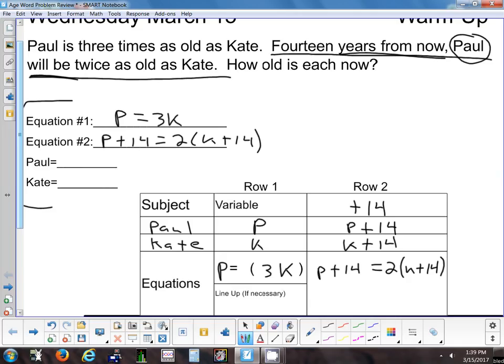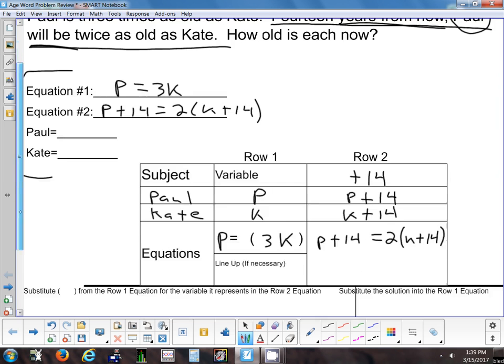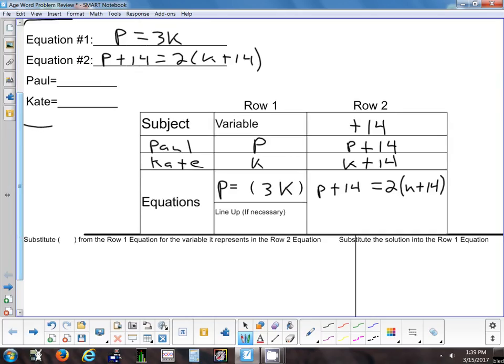All right, what's the next thing we do? This is the big thing that we learned last week. One word, begins with an S. Substitute. So now we're going to substitute. What equation are we going to change? Are we going to change equation 1 or equation 2? We're going to change equation 2. What letter is going to get replaced in equation 2?